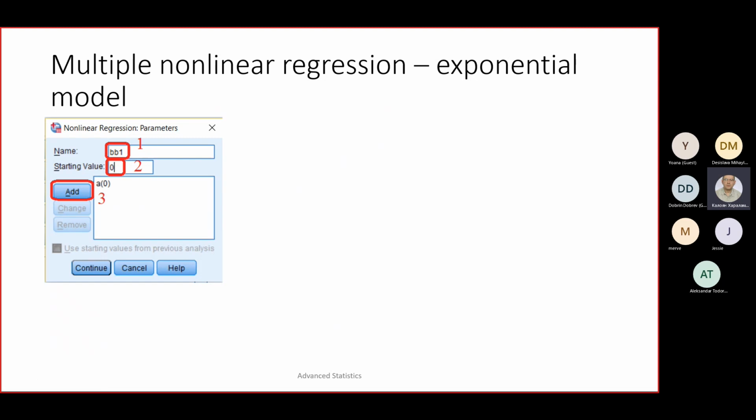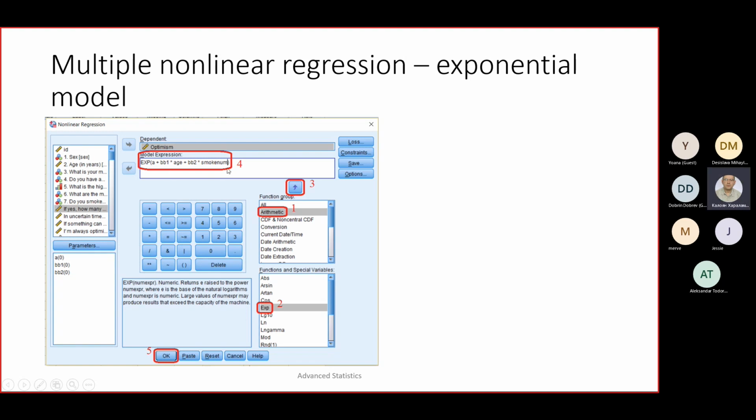The number of parameters depends on the chosen model. Some models have more parameters, some models have less parameters, and the chosen model defines the number of these parameters. After that, we must write the equation.